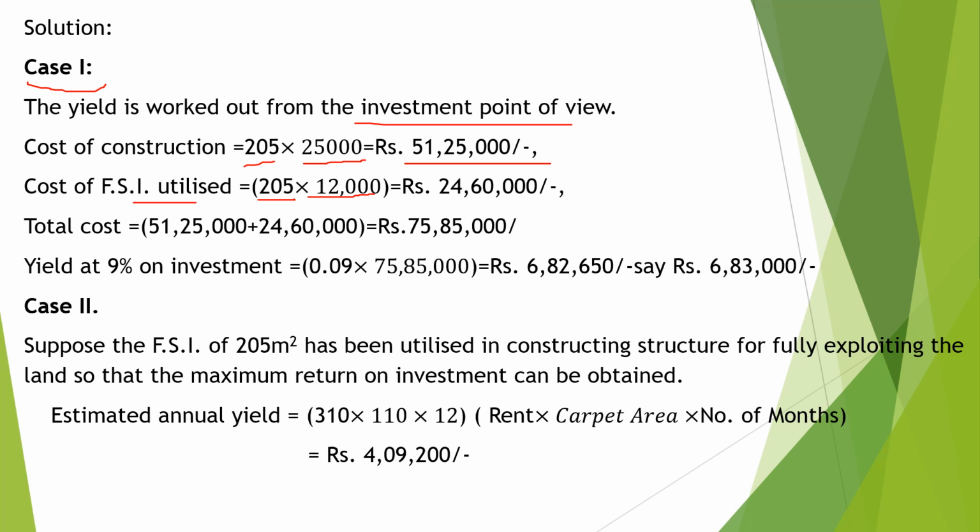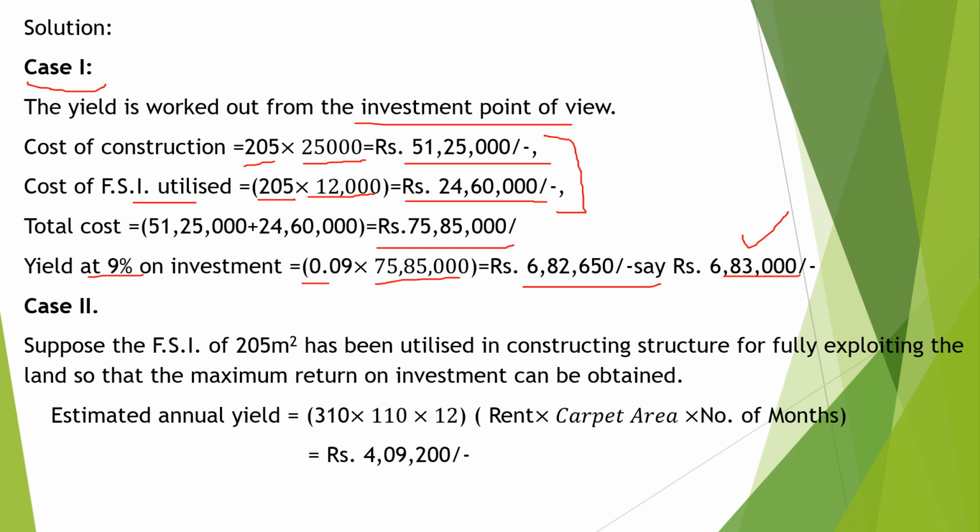Land rate is 12,000 per square meter, so the value of the land for FSI use will be rupees 24 lakh 60,000. The total cost will be 51 lakh 25,000 plus 24 lakh 60,000, which is 75 lakh 85,000. If you calculate the yield at 9%, it is 0.09 into 75 lakh 85,000, so the yield will be approximately 6 lakh 83,000.